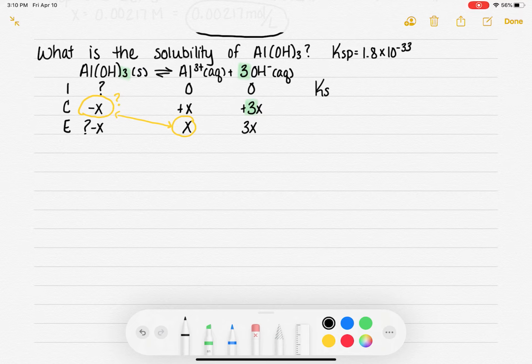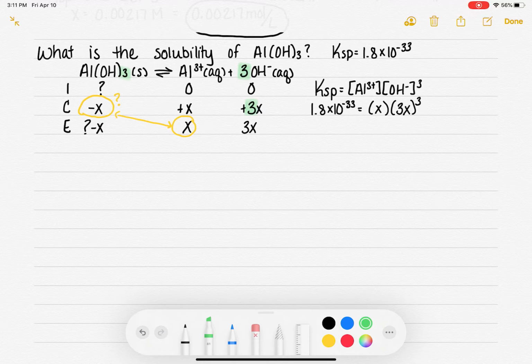We need to write an equilibrium expression, Ksp, which is going to be aluminum 3+ times hydroxide cubed. Ksp is 1.8 times 10 to the minus 33. Aluminum ion is X and hydroxide ion is 3X, and that needs to be cubed.